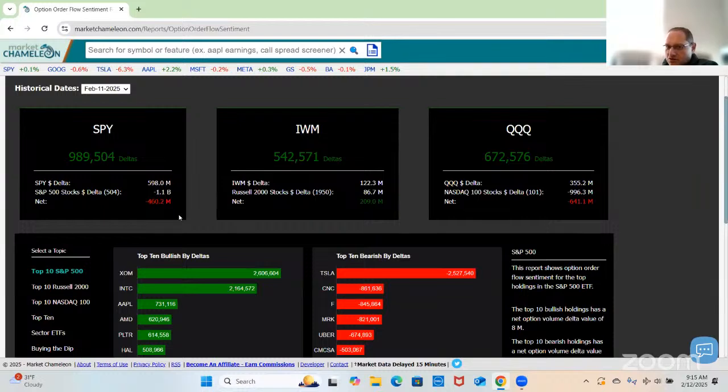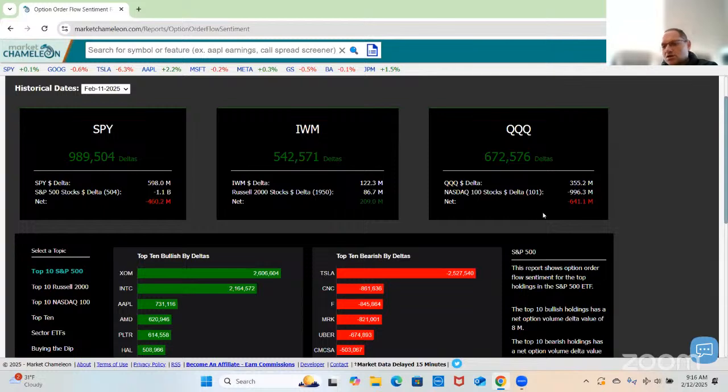So you could see how we got such a different picture. It went from a positive to really, if we convert and add all of them up, a negative sentiment. So here we got SPY, the IWM Russell 2000, and the QQQ negative $641 million.